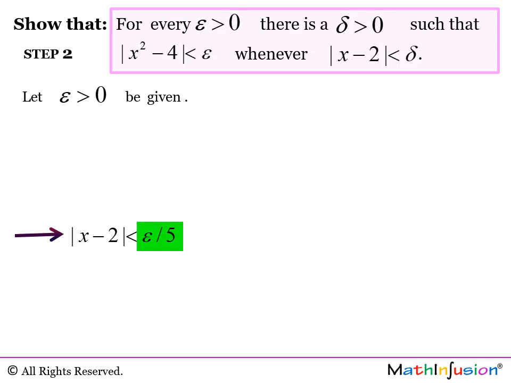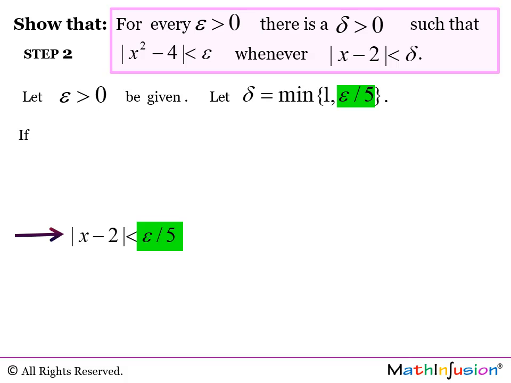We really want to show that for every epsilon greater than 0, there is a delta greater than 0 such that the absolute value of x to the power of 2 minus 4 is less than epsilon whenever the absolute value of x minus 2 is less than delta. So let epsilon be a positive number which is given. We are going to take delta to be the minimum of 1 and epsilon over 5.